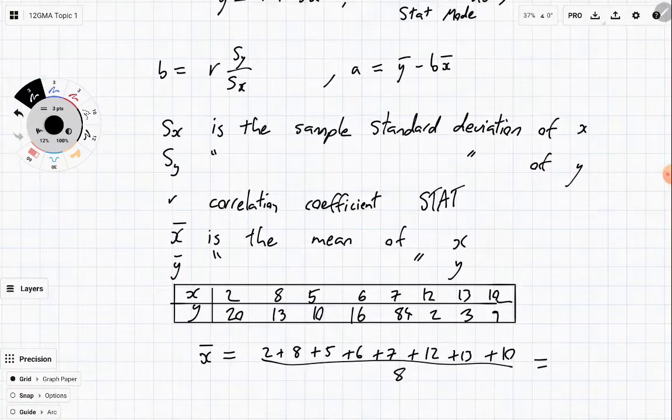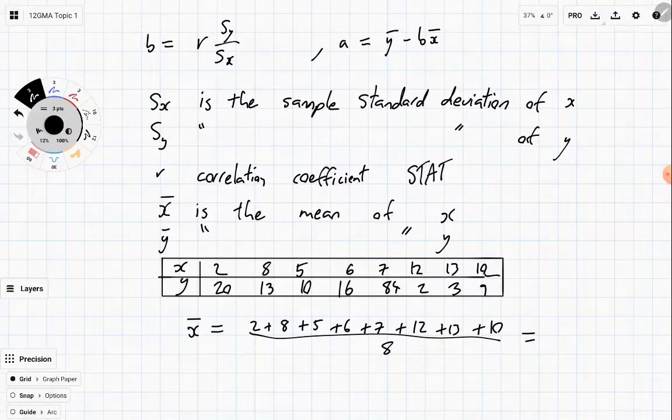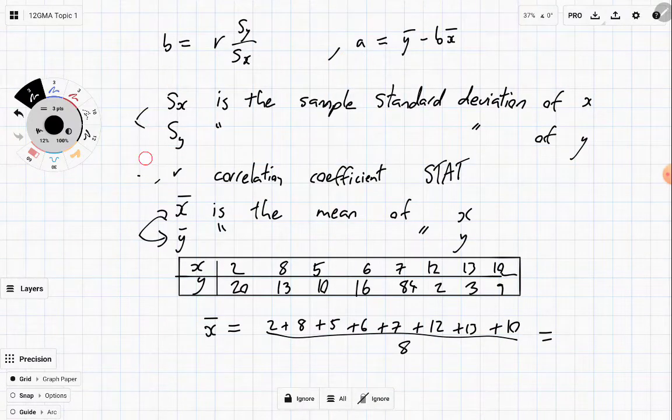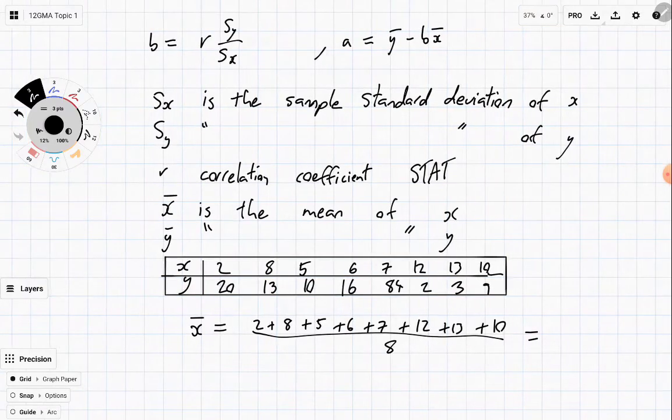Okay, so these two formulas can calculate our line of best fit for us, okay? And all we need to know is 2 sample standard deviations, 1 r coefficient, and 2 means, okay? All of these pieces of information we can get quite easily from a calculator, but let's have a go through and seeing what a standard question would look like.